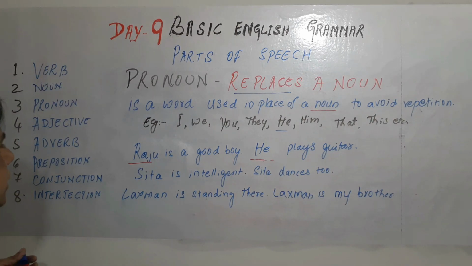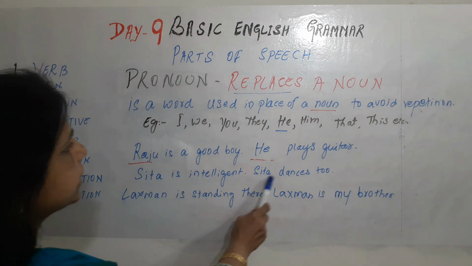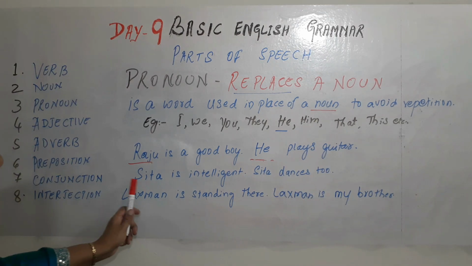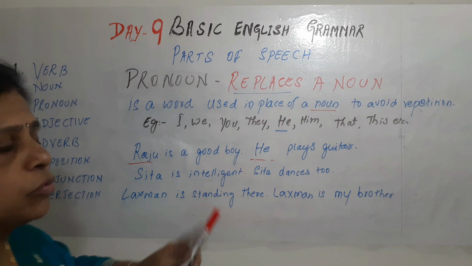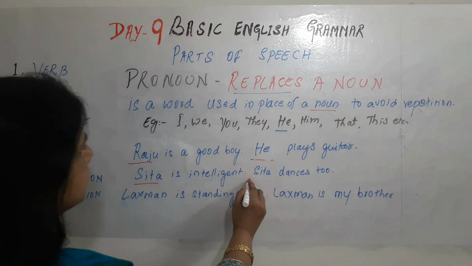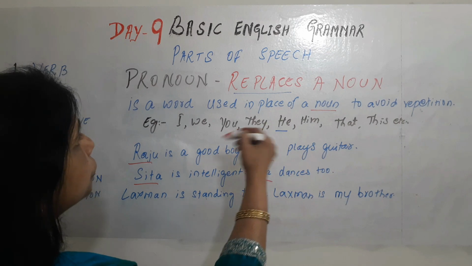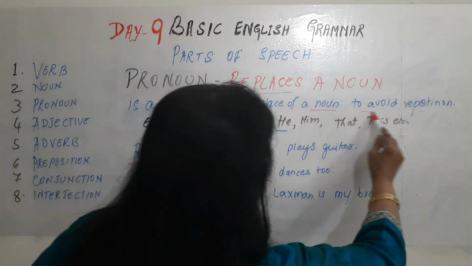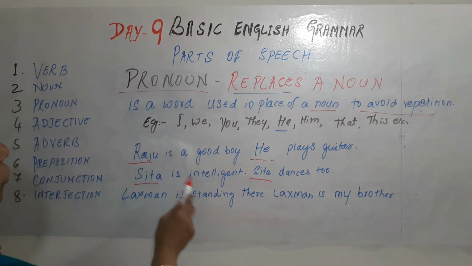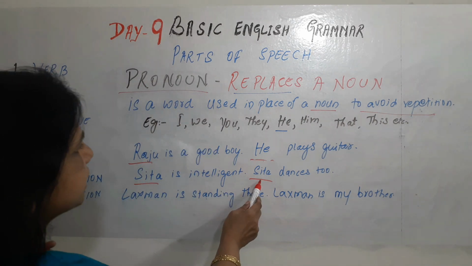As well, the next sentence is: Sita is intelligent. Sita dances too. Again, we are seeing Sita two times. Sita is the name of a person, so we need not repeat that. To avoid this repetition, we use a pronoun. What can we use for Sita?